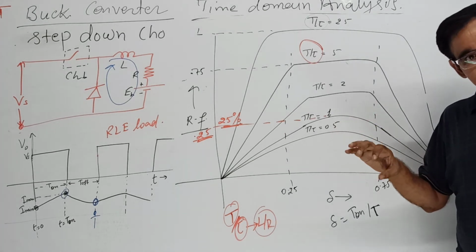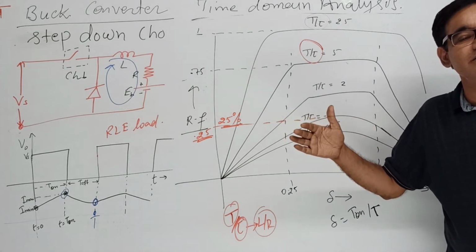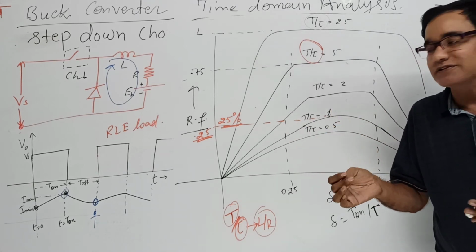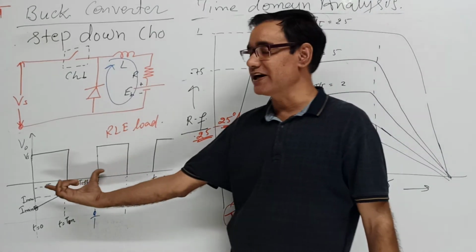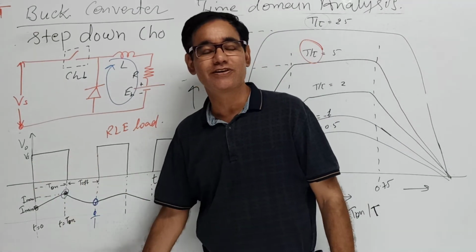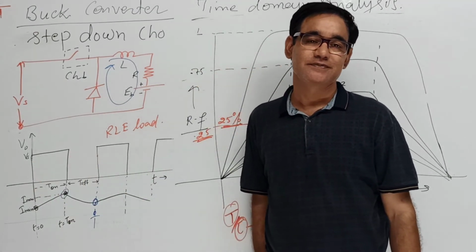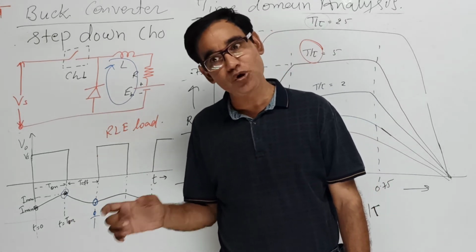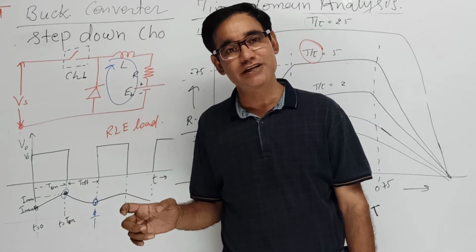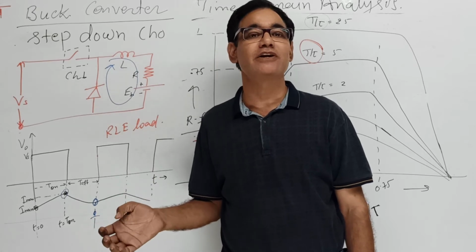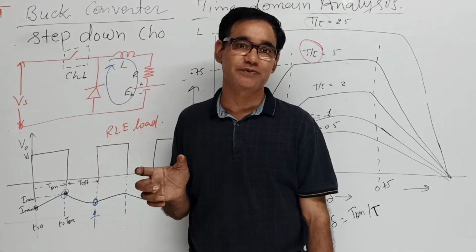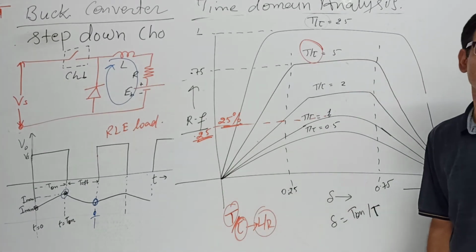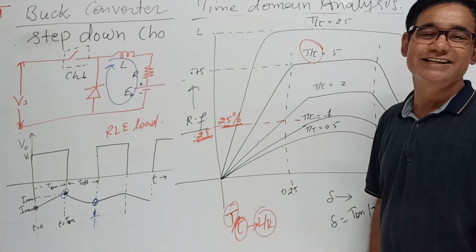The circuit time constant is higher as compared to the cyclic time. Cyclic time means the on-off will set, the operating frequency will be established. If the frequency is higher, the operation cycle is smaller, so there is less ripple, less variation in the steady state current.